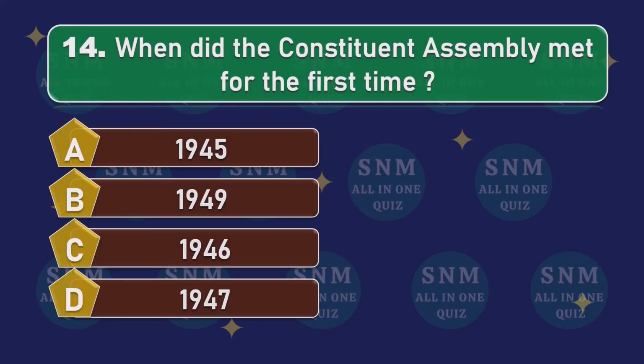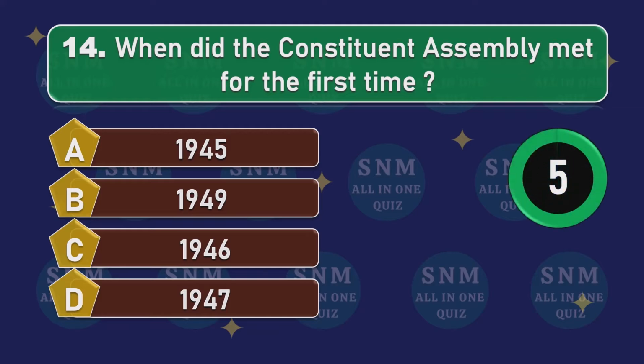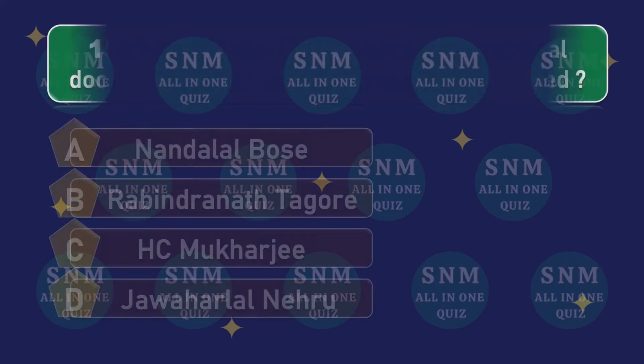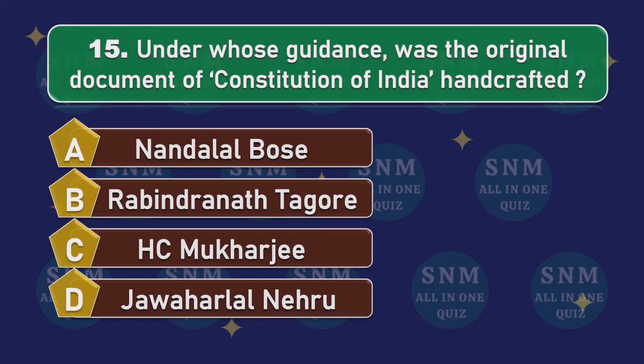When did the Constituent Assembly meet for the first time? In 1946. Under whose guidance was the original document of Constitution of India handcrafted?